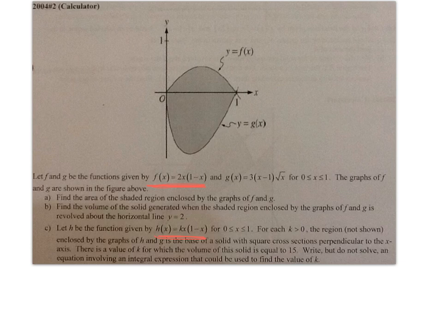So it's still going to open, well, let's read on. For x values from 0 to 1, so the same as we had before. For each k greater than 0, so we're only looking at positive values of k, that's important. The region, which is not shown because I didn't graph this h function, enclosed by the graphs of h and g, is the base of a solid with square cross-sections perpendicular to the x-axis.